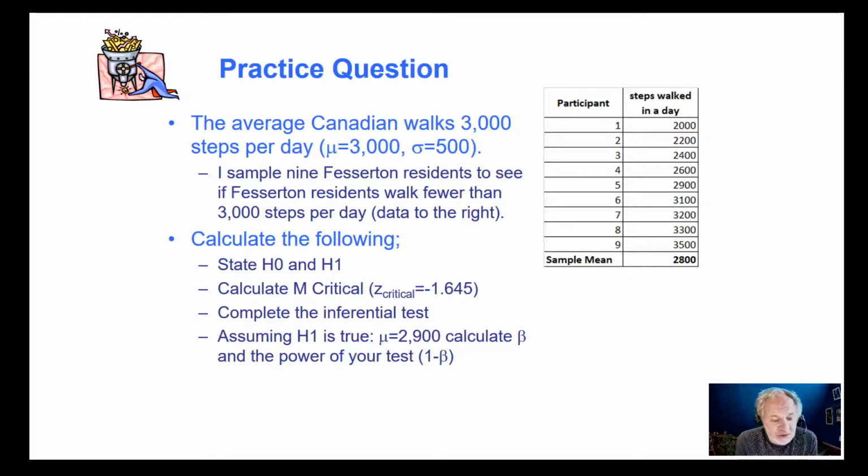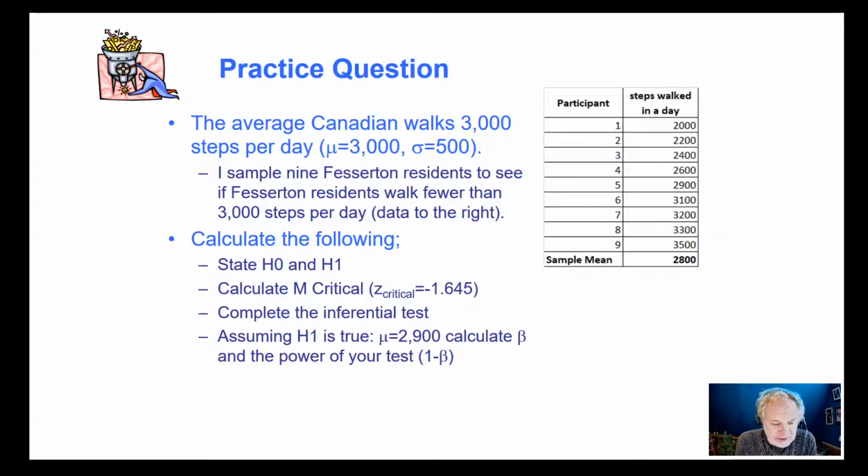You can complete the inferential test, just go through it like you would normally do for a Z test. State H0 and H1. Calculate your M critical for a Z critical equal to negative 1.645, and complete the Z test, your inferential test, and state your conclusion. That's what you would normally do. I'll present the results on the next page, so if you want to just pause it here, you can also.